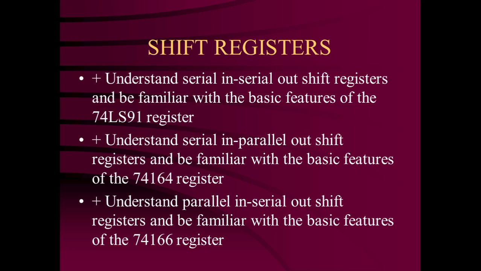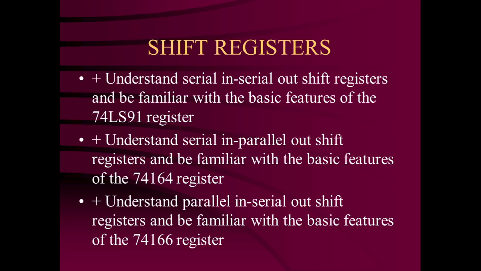Second type of the shift register is a serial in parallel out shift register, and we are going to become familiar with the basic features of the serial in parallel out shift register and IC 74164, which is also a TTL IC. Here we are going to take all TTL ICs, and this is also an 8-bit shift register.